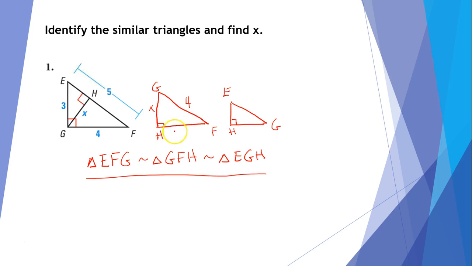And then we don't have an HF value. That's part of this whole length of 5. And then over here we can label EG, that is 3. And then HG, again, that's our x value.